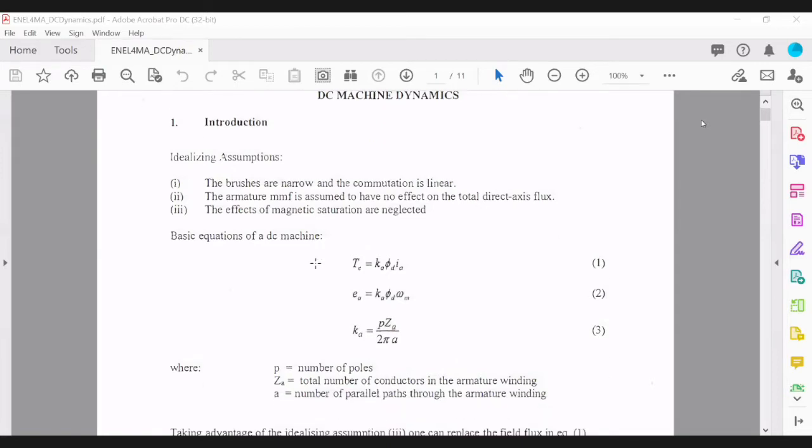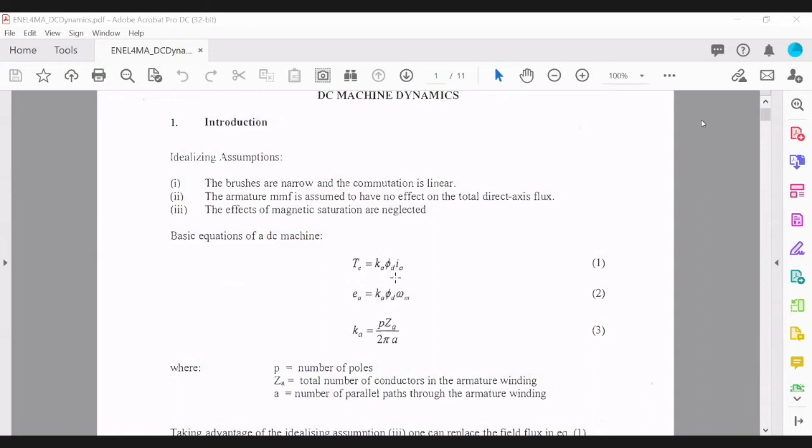Right, so if we go back to the basic DC machine, the torque, so that's your electrical torque output of the machine, depends on those parameters. So that's your armature current, and that's IA, and the flux in the machine, right?